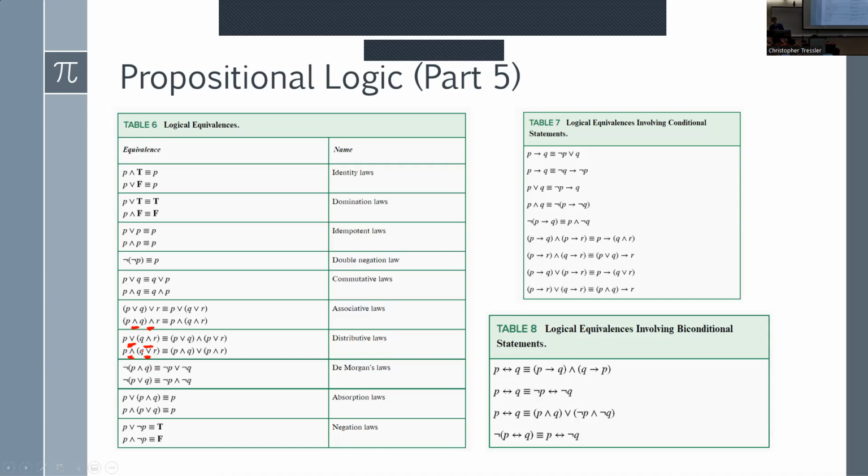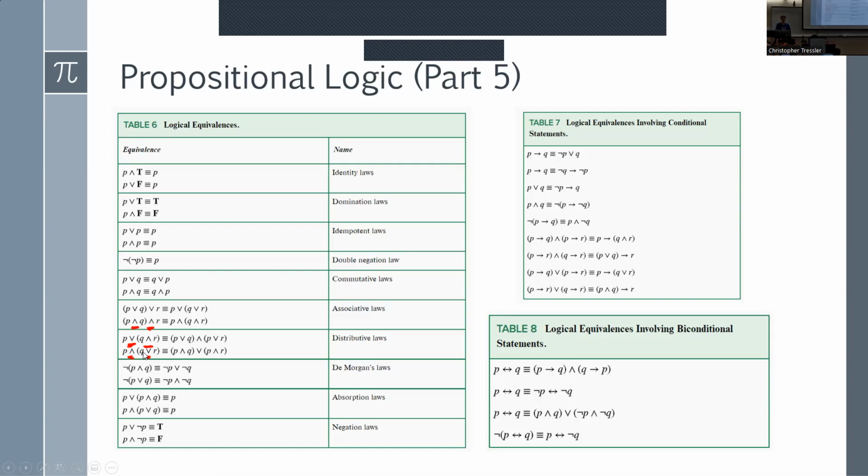Then we have De Morgan's law. De Morgan's law is super essential. It's one of the laws that they just expect you to memorize, really. When you look at a proposition and it says do De Morgan's law, you should be able to do it ASAP off the top of your head. Basically what it's saying is when you have a compound proposition, that is a proposition with multiple smaller propositions, if you have an and or an or in that, when you negate everything, you're not just putting negations in front of each individual proposition.